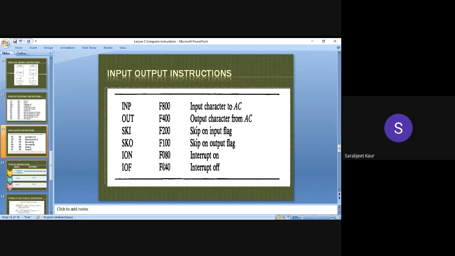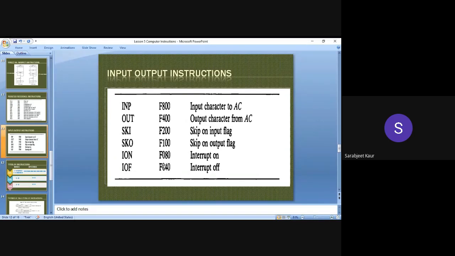The next instructions are SKI and SKO, skip on input flag, skip on output flag. That means skip the next instruction if the input flag is on. Next is skip the next instruction if the output flag is on. ION, IOF, interrupt on, interrupt off. So set the interrupt to on, set the interrupt to off.